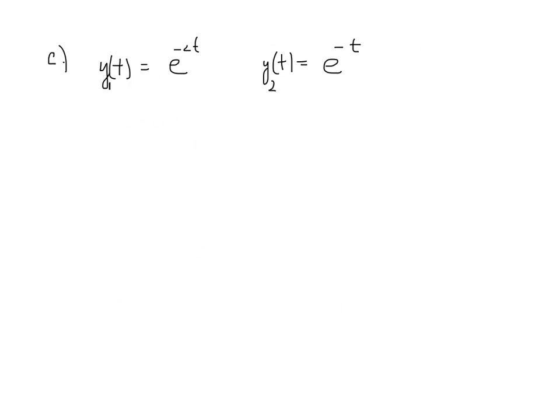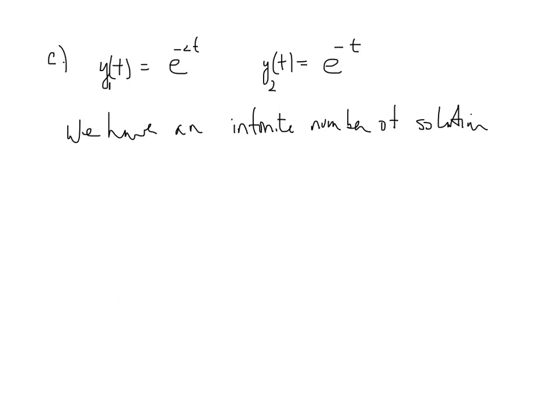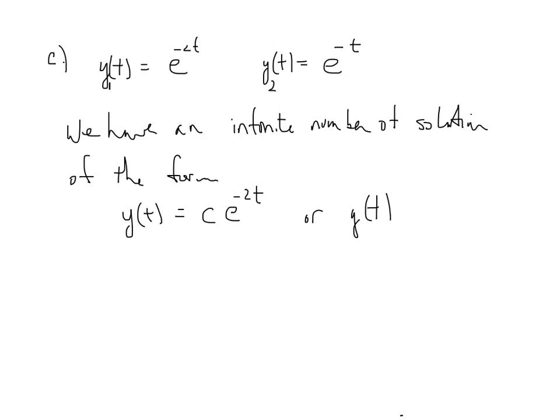And so now that we know that any constant multiple is also a solution, we have an infinite number of solutions of the form y of t is equal to a constant times e to the minus 2t, or y of t is a constant times e to the minus t.